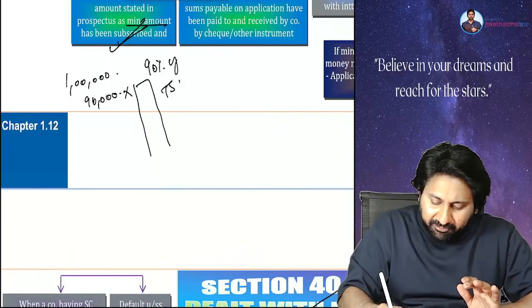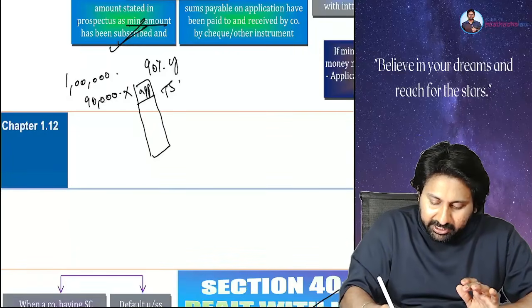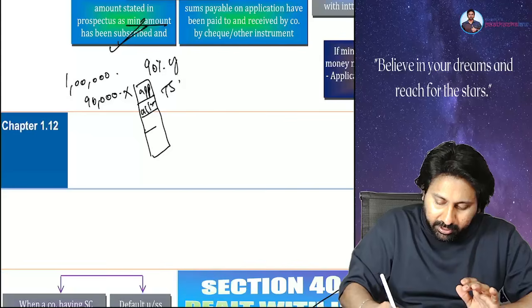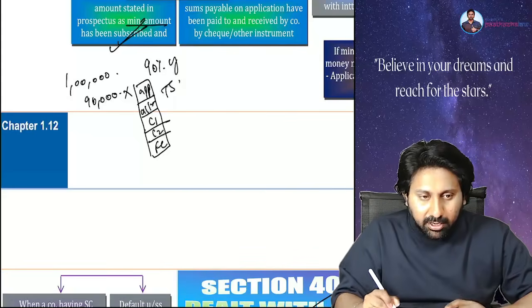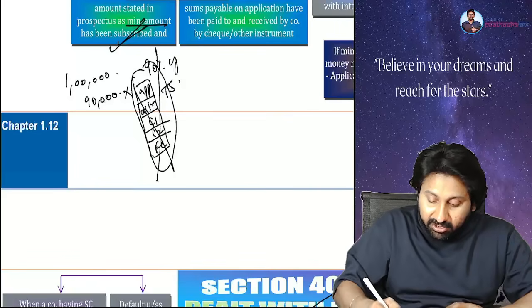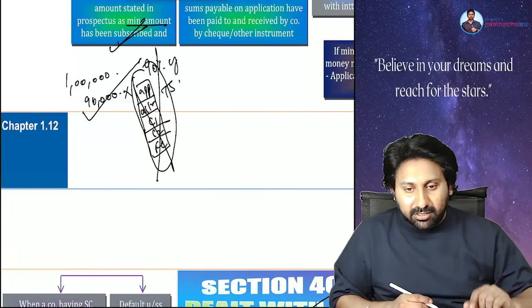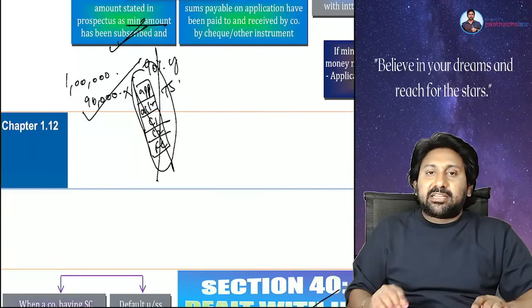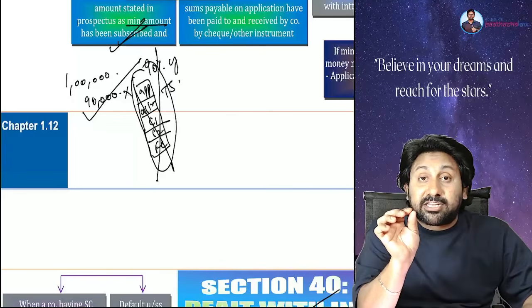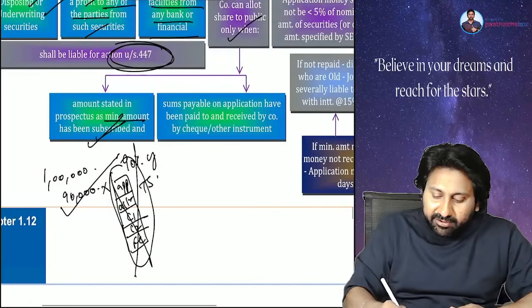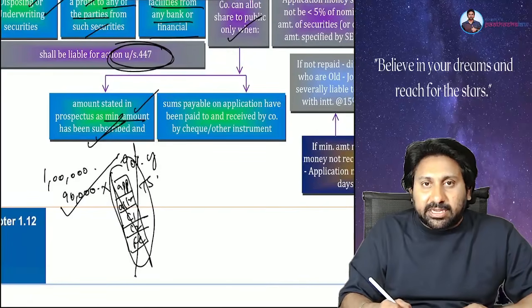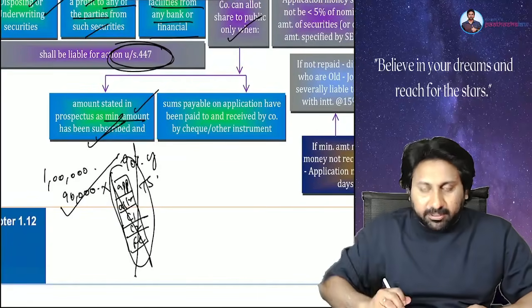The amount will be paid in 5 installments: application, allotment, first call, second call, final call. We are not talking about this. We are talking about this. So, in 1 lakh shares, at least 90,000 shares they should subscribe first, that is 90%. Whatever minimum amount you stated in the prospectus must first be subscribed.